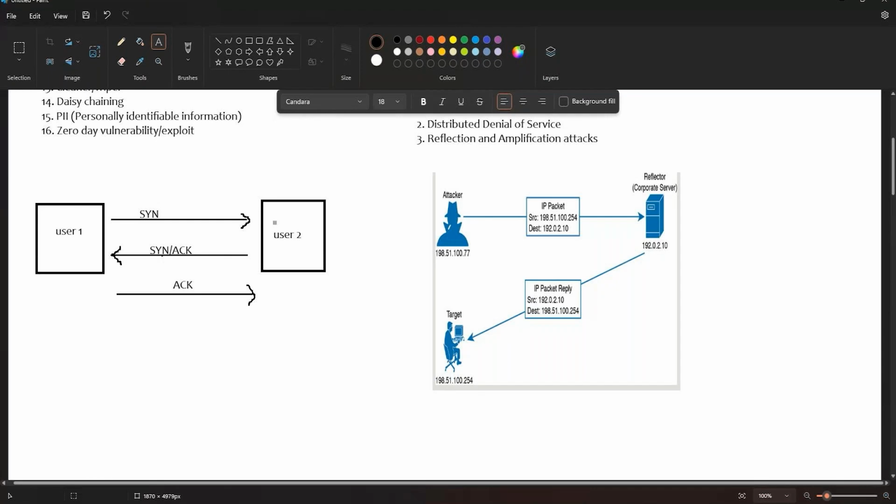However, the host is not the intended target. Then who is the target? This person is the target. So the goal is to get the host to reflect the exchange towards the spoofed address, that is the target, and that is known as a reflection attack.